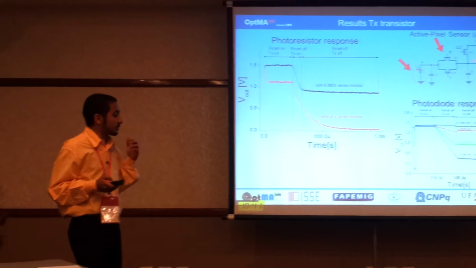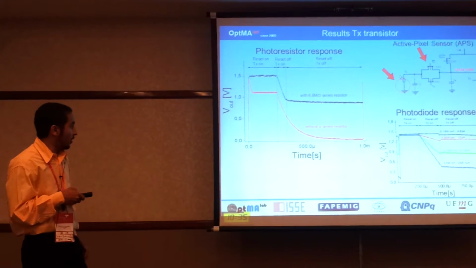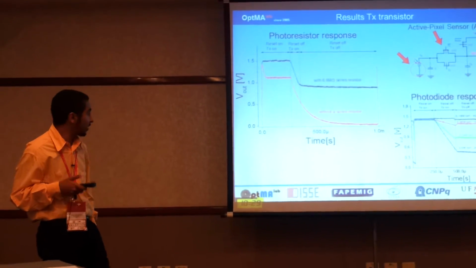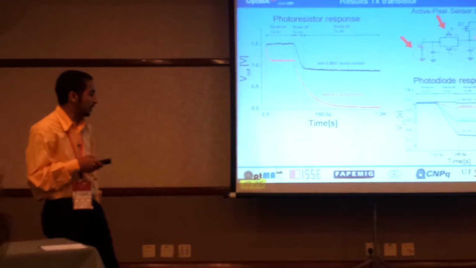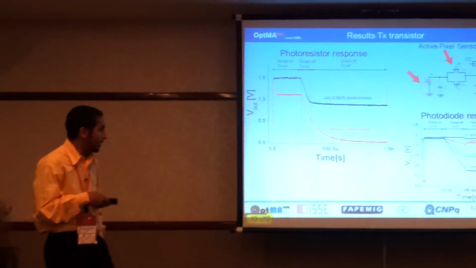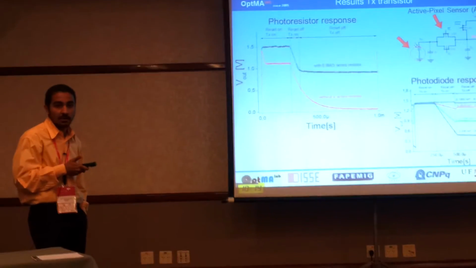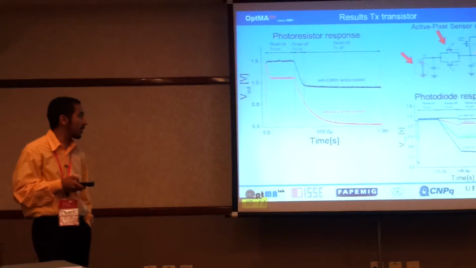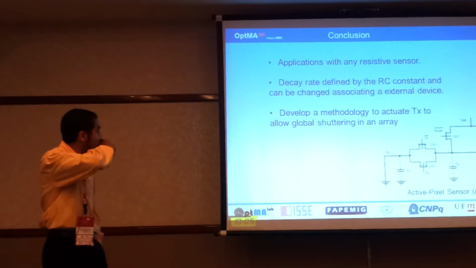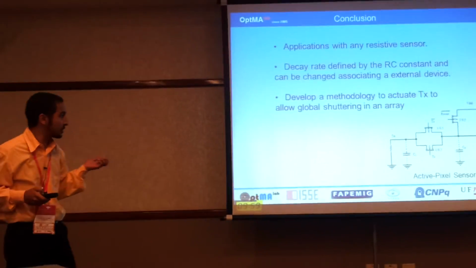Comparing this with an experiment done with a photodiode, after the TX is turned off with a high current, we have a smaller time in which we could keep the charge constant on the sense node. The current passing through a photoresistor is many times higher than the current photo-generated by a photodiode. So we can reach these results with a photoresistive element.